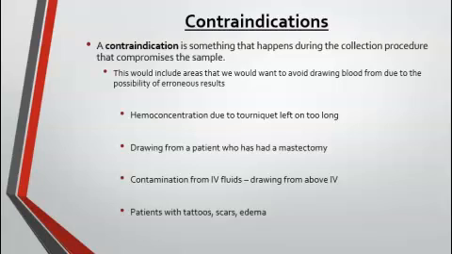Remember, you have to draw from the opposite side of the mastectomy. It could be that the blood was drawn from above a running IV. Remember, you have to draw from below a running IV. It could be that the blood was drawn from a patient that had a lot of edema. So there's a lot of reasons that there could be contraindications of a sample.